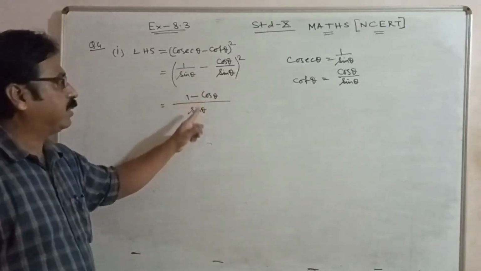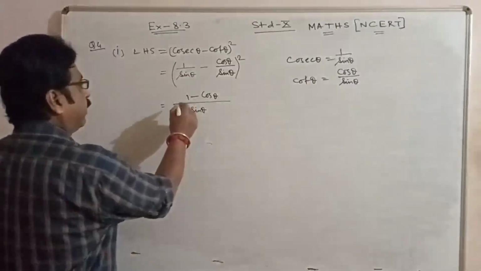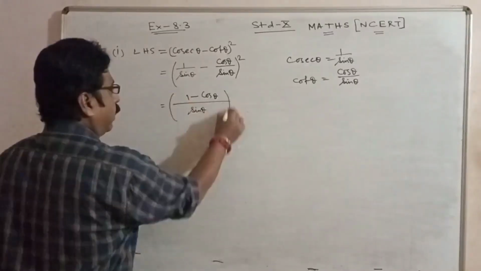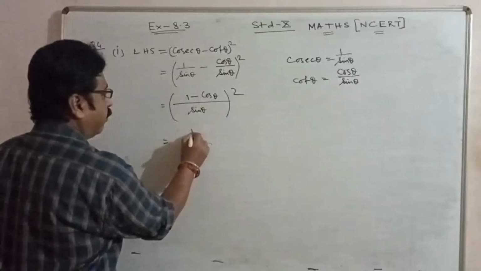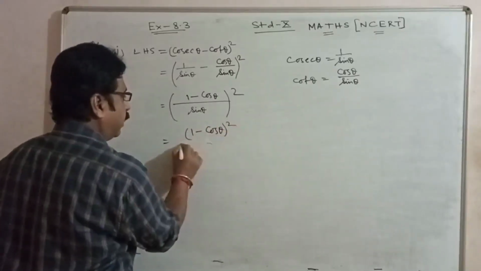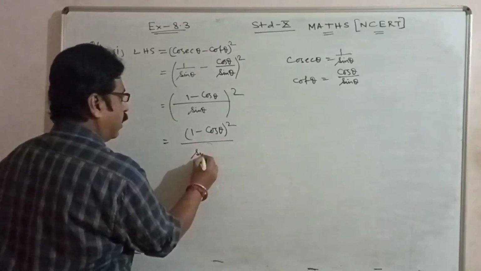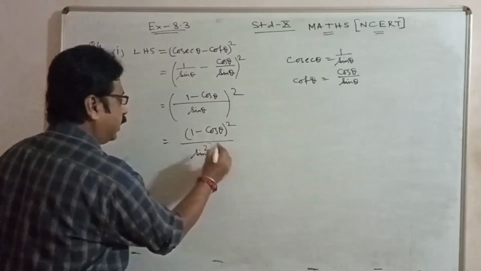We can write separately 1 minus cos theta upon sin theta, means we can write 1 minus cos theta whole square upon sin theta whole square, means sin square theta.